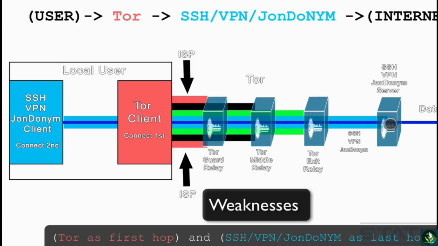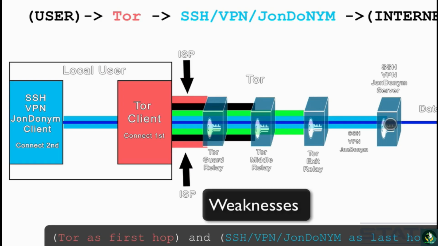The local user or Tor client first goes to the Tor guard relay, with the help of the ISP, but at the last SSH VPN server it is stopped.